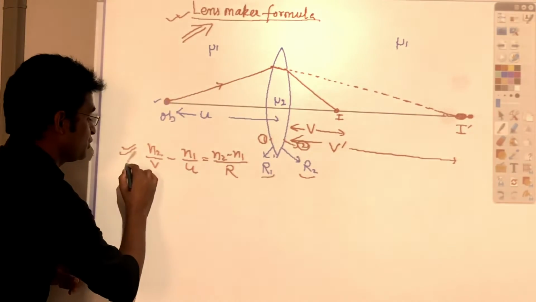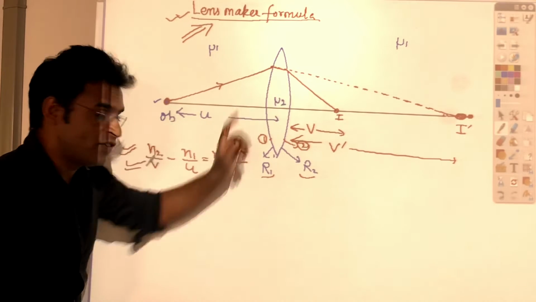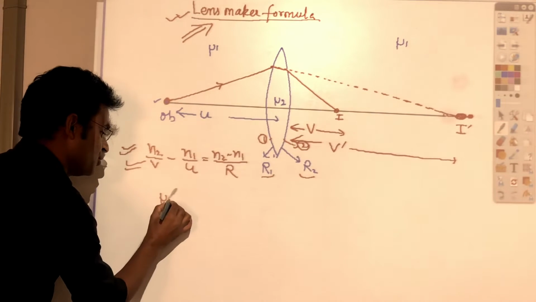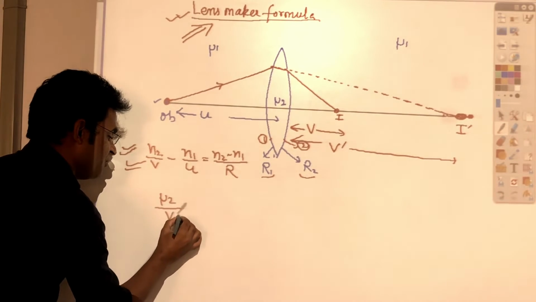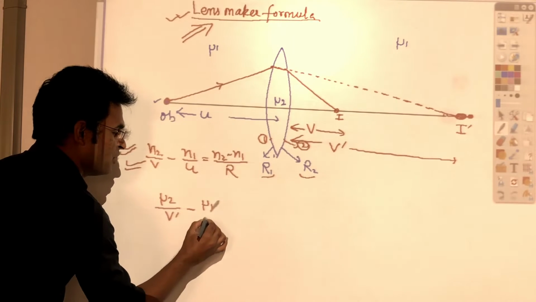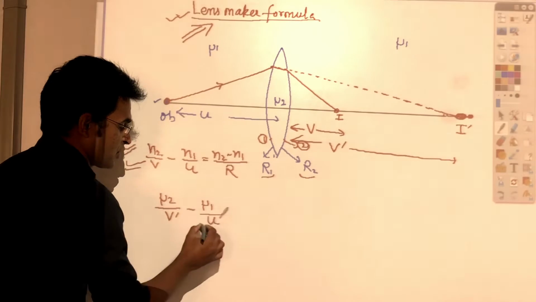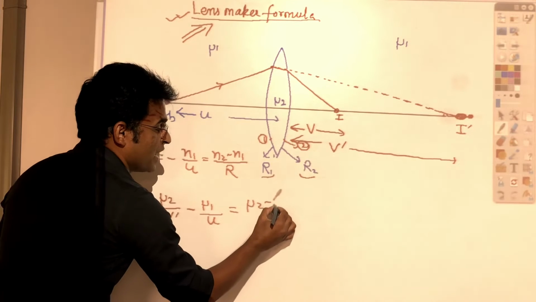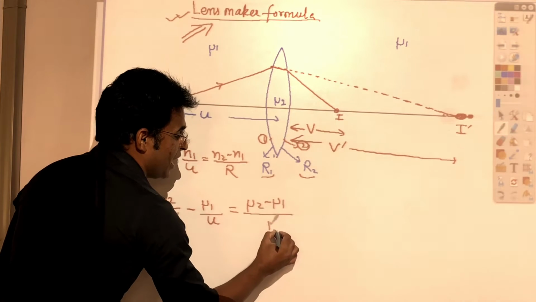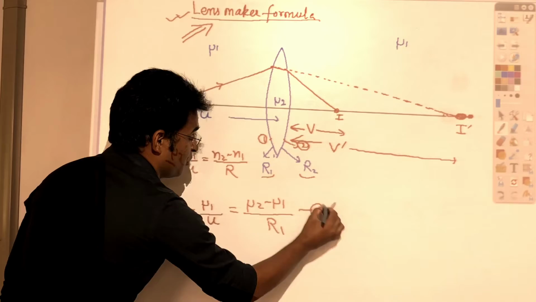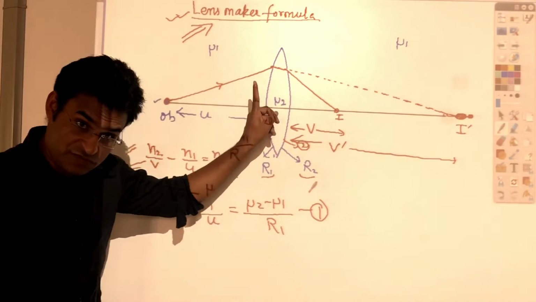So for the first refraction I get mu2 divided by v dash minus mu1 divided by u equals mu2 minus mu1 divided by r1. So I use this spherical refraction formula for the first surface.